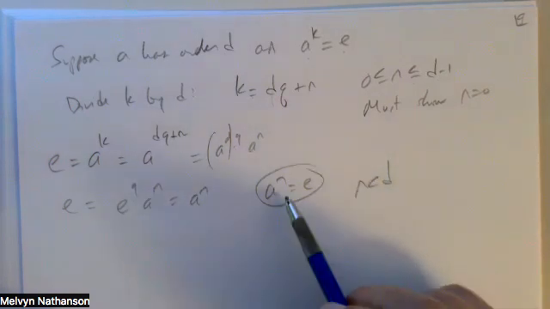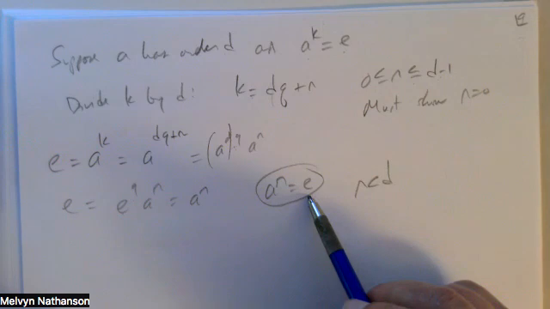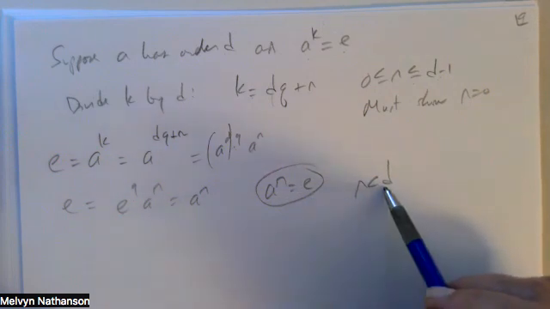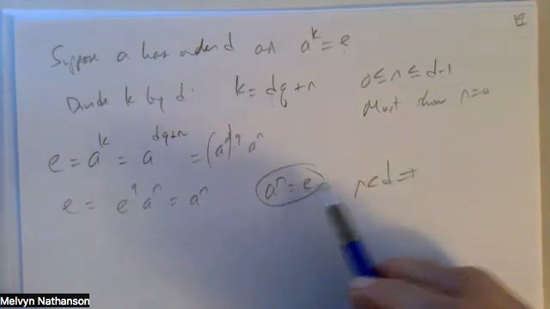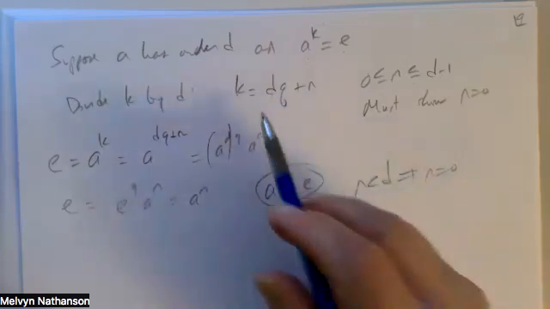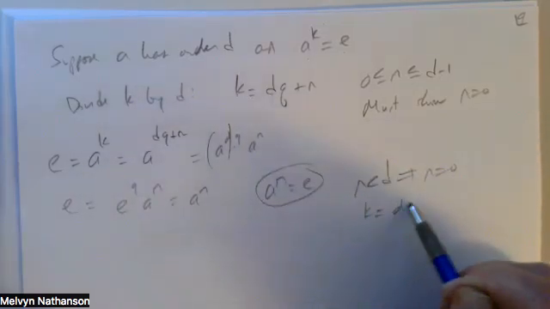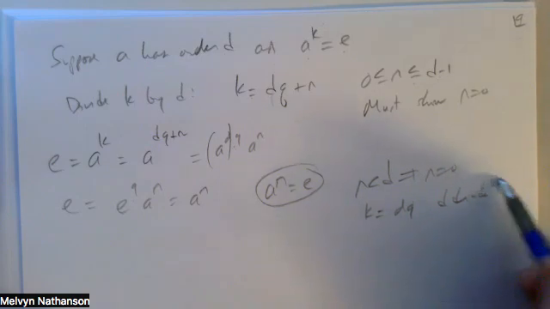But there's no positive integer r less than d that satisfies this equation. That's the definition of the order d of the element a. So r cannot be positive, so r has to be 0. And if r is 0, k is dq, so d divides k.